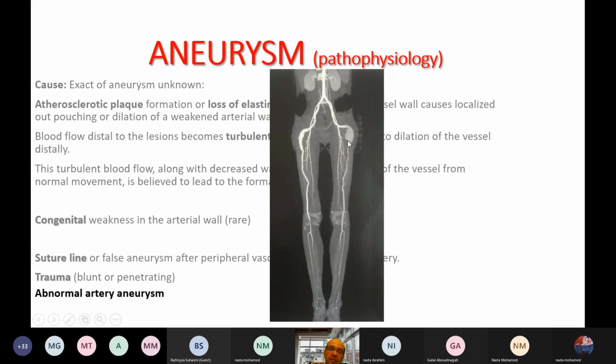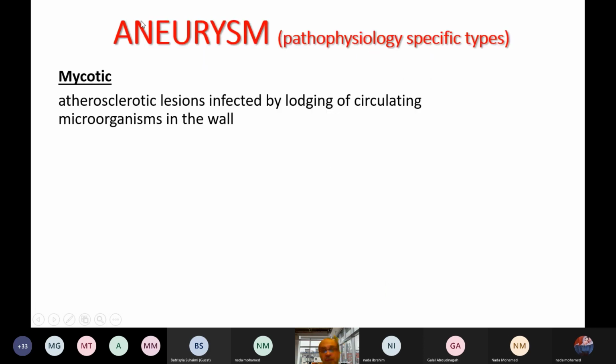And because the sciatic artery is present in an abnormal situation, it passes around the ischial spine and the tuberosity. So during sitting, there will be repeated trauma to the artery, and hence the artery will be dilated, causing an aneurysm. You are not asked about the aberrant artery aneurysm, but if you know it, it will be good.